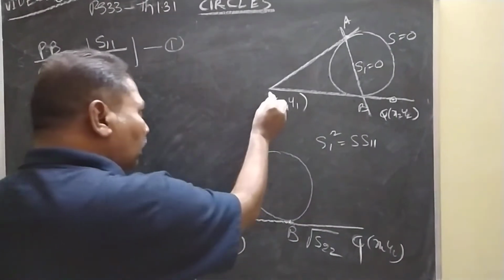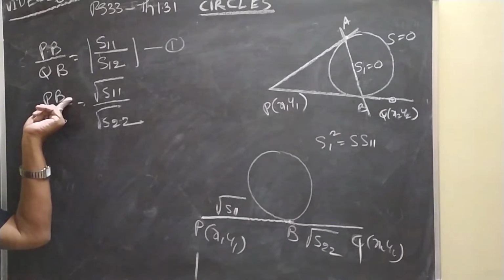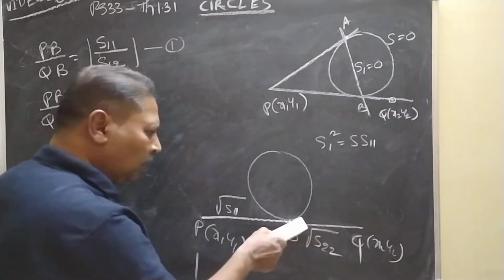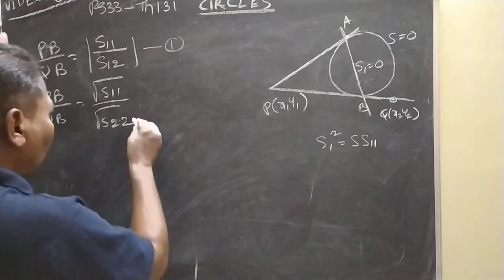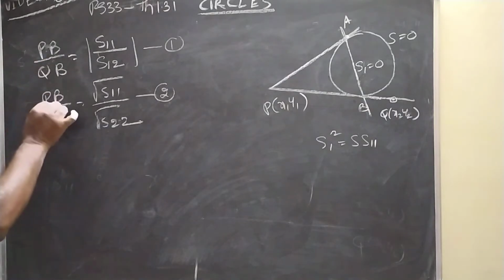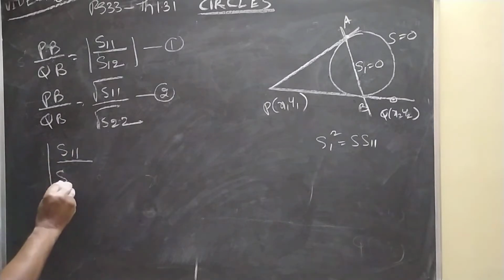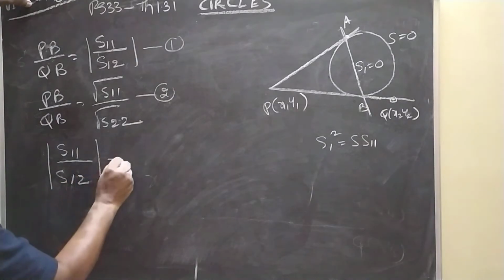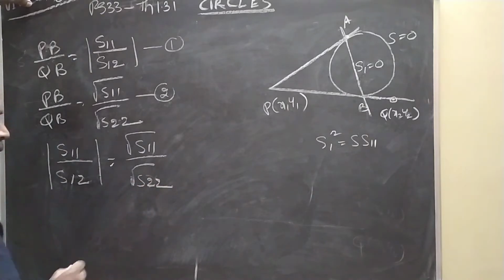PB is the length of the tangent from P. QB is the length of the tangent from Q. So from 1 and 2, both LHSs are equal, so equal RHS: modulus of S11 by S12 equals under root S11 by S22.